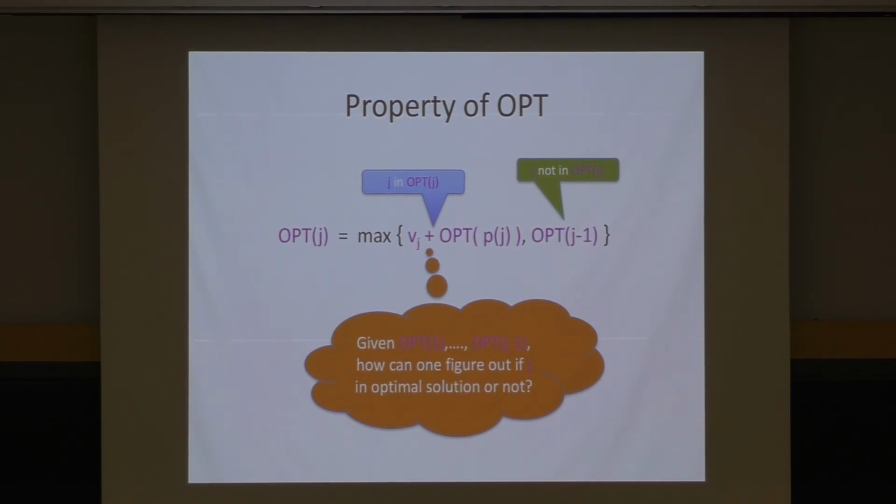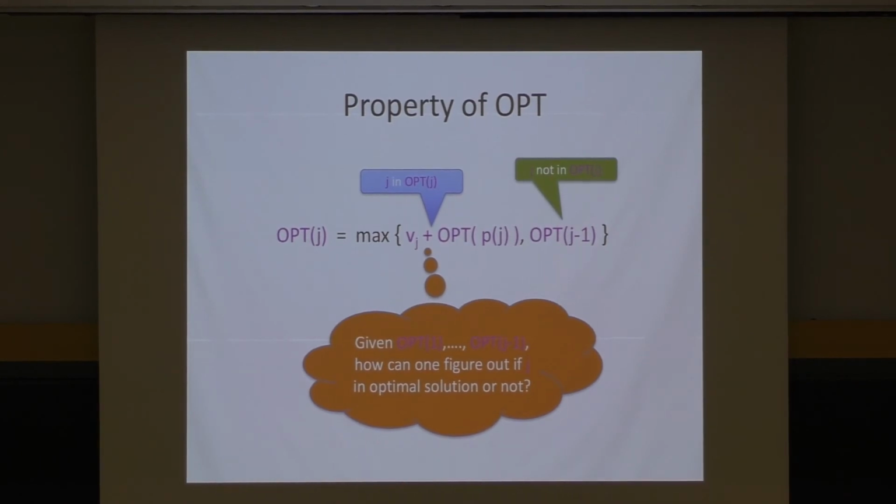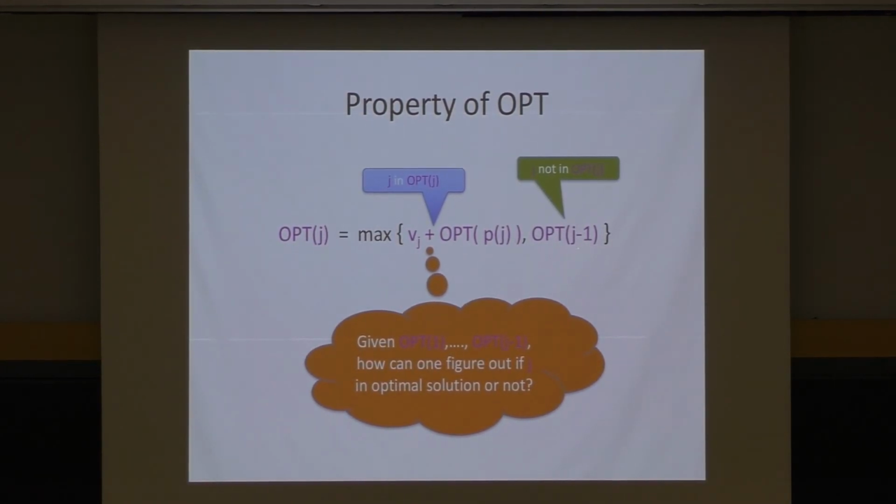Right, so remember, if j is in the optimal solution, then this is what happens, otherwise this happens. So since you know all these opt values, compute this value, and whichever is bigger, that's the case that happens. In particular, if this parameter is bigger, that means j is in the optimal solution. If this parameter is bigger, then j is not in the optimal solution.